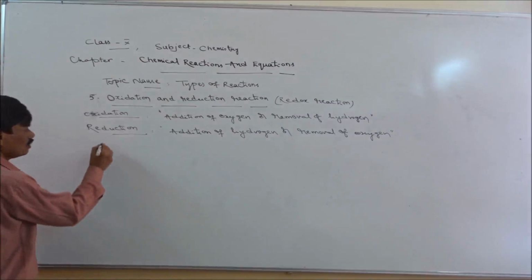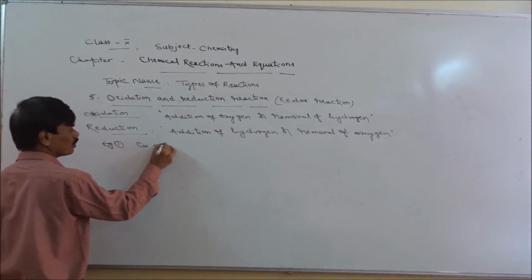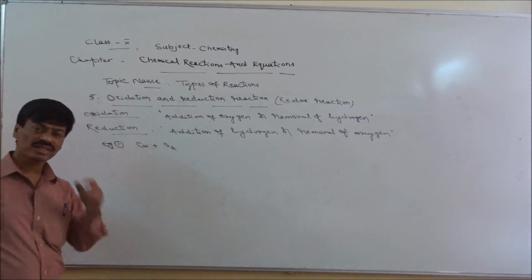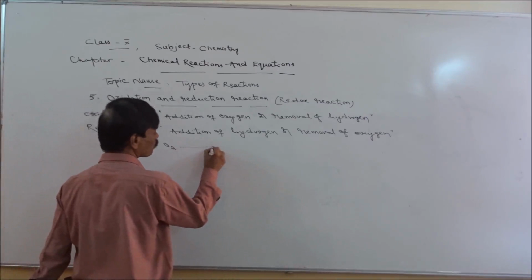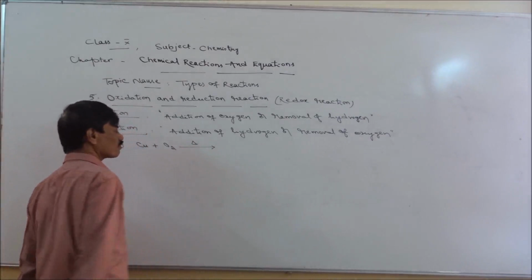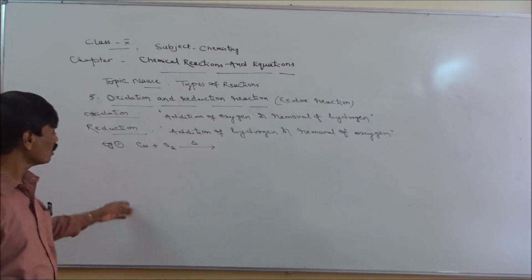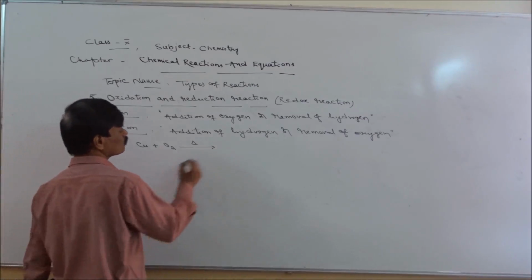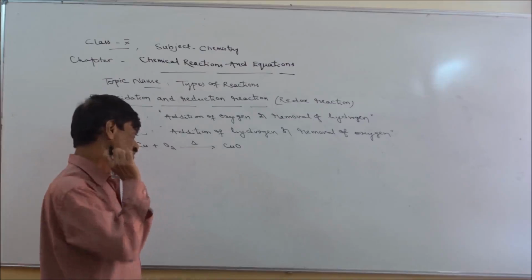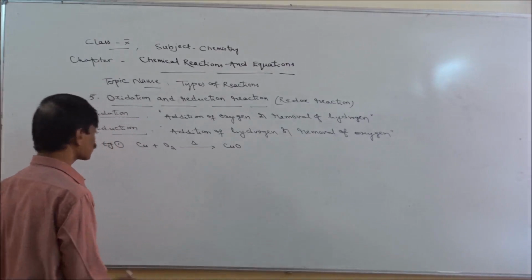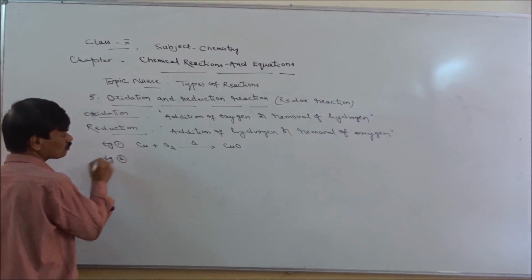Now let us see example 1. Copper, if it is exposed to the atmosphere, will not react. But after exposing, if heating is done, meaning copper metal is heated in the presence of air or oxygen, then it gives rise to this compound, copper oxide. Example 2.